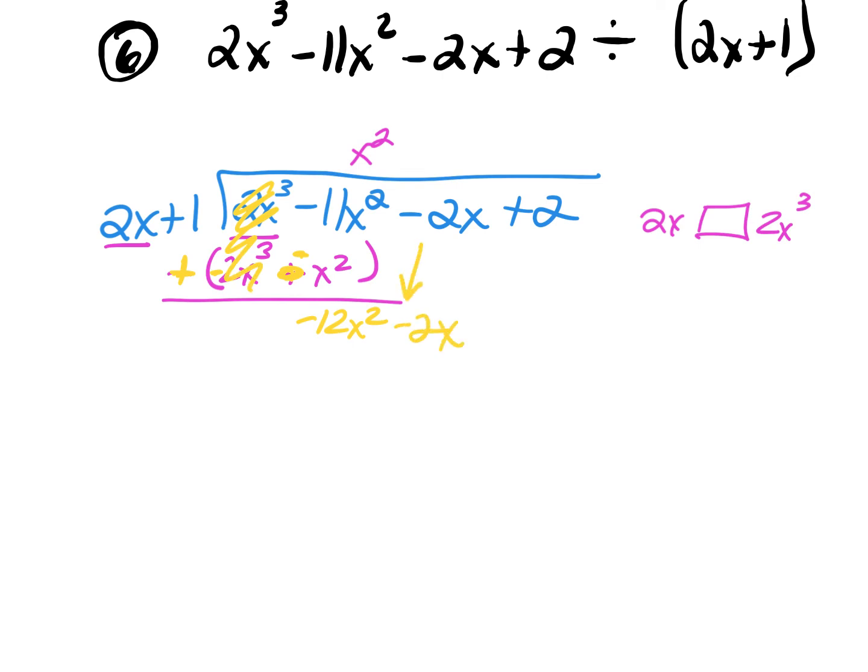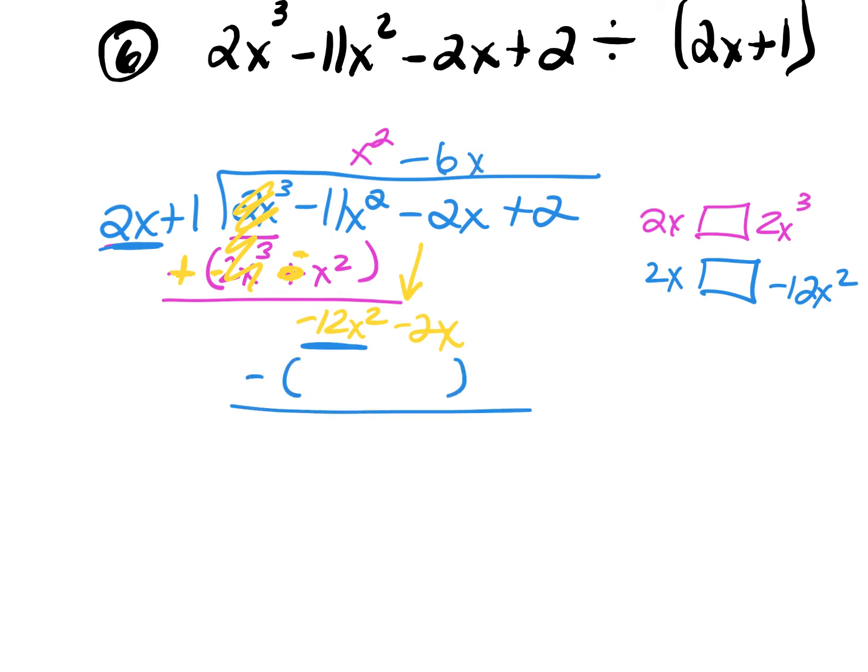Now I bring down my negative 2x, right? And we do the whole thing all over again. First term into first term. So 2x times what gives me negative 12x squared? Negative 6x. Good. So get your subtraction ready before we do anything. So multiply: negative 6x times 2x is negative 12x squared.